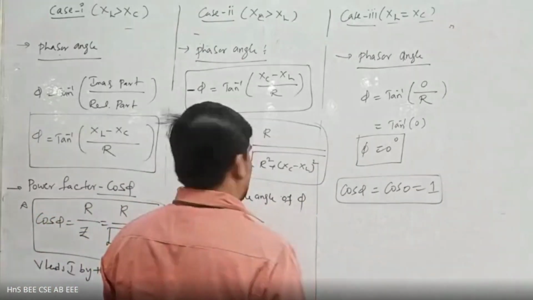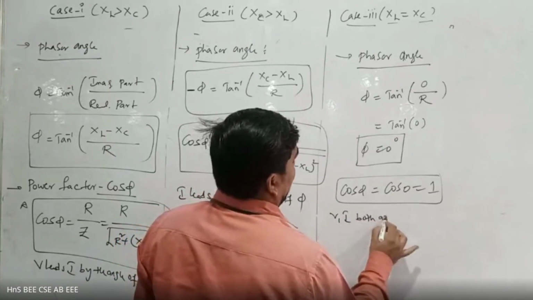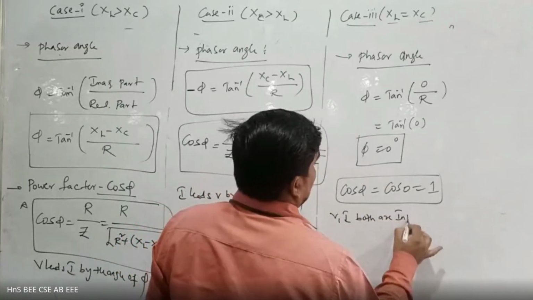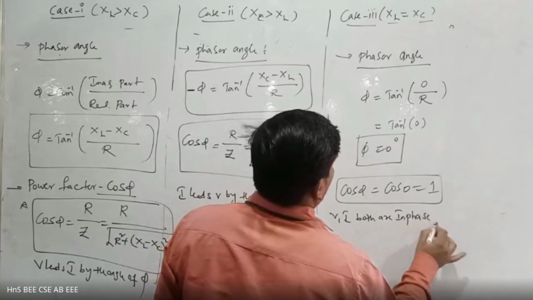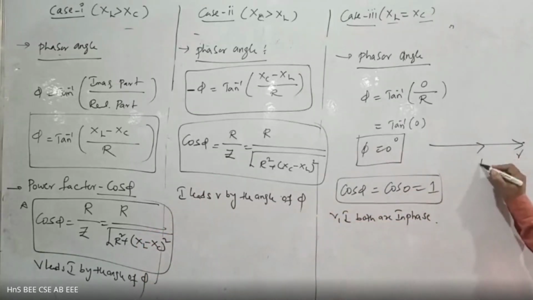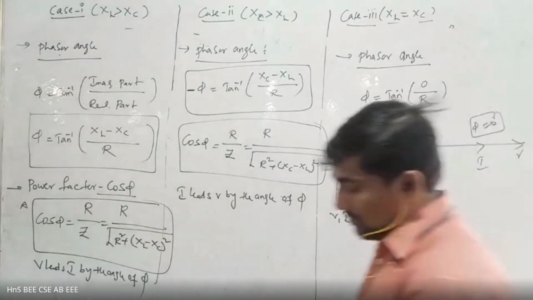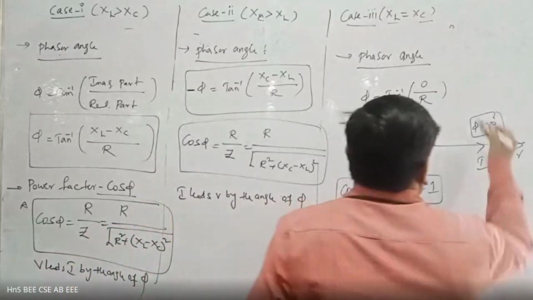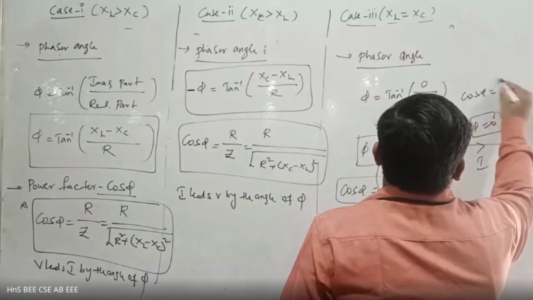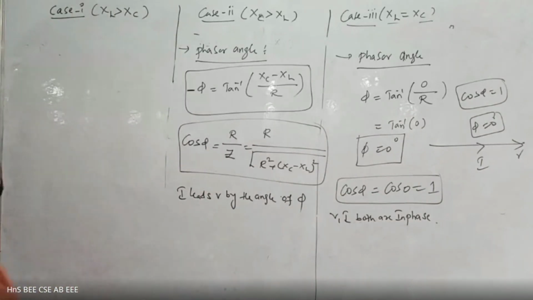And coming to the third case, voltage and current are both in phase. In phase is nothing but a single line. The angle is 0, and the power factor is 1. Cos phi equal to 1, if you apply phi equal to 0 in case number 3.